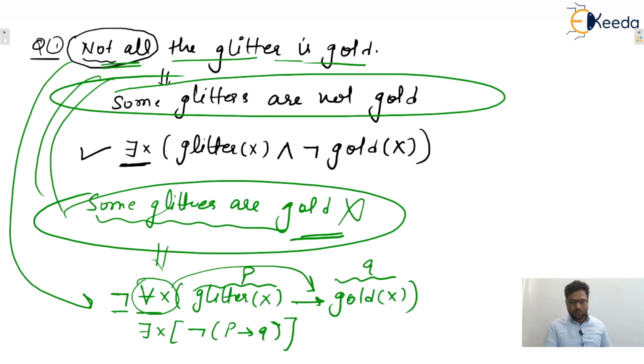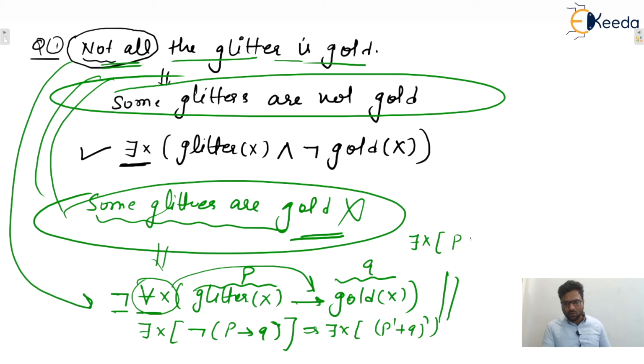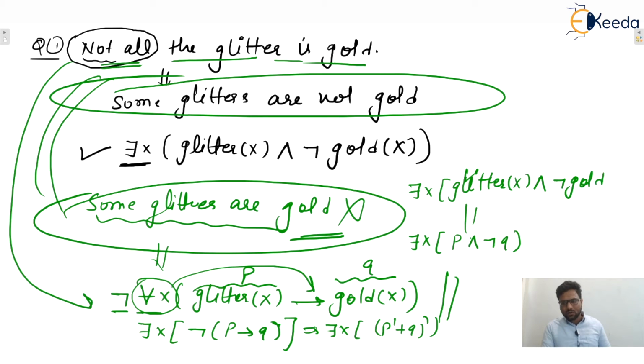So the statement is P implies Q. Now this becomes there exists x, and the complement of P implies Q, which is P dash plus Q. The whole complement becomes there exists x, P and negation of Q. P is glitter of x, and Q is gold, so glitter of x and not gold.